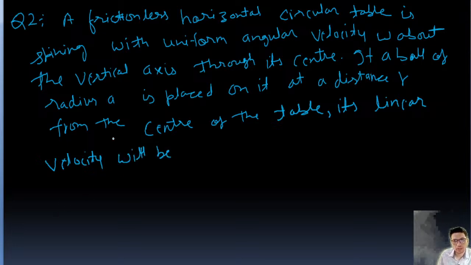Okay, and the options are: A is minus r omega r cap plus a omega theta cap.